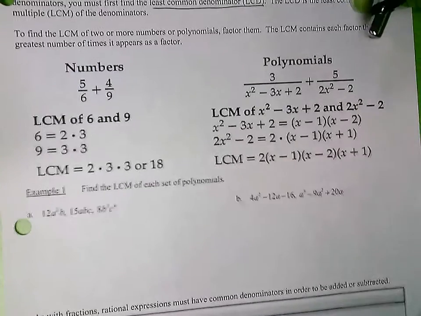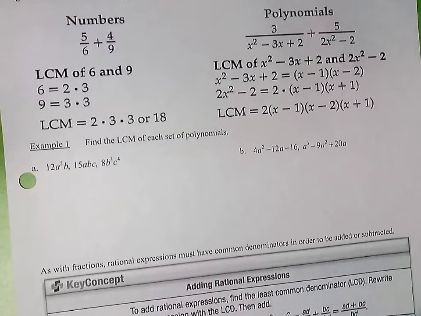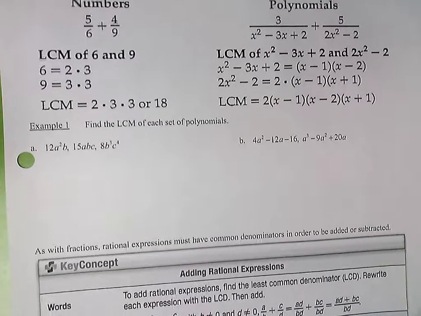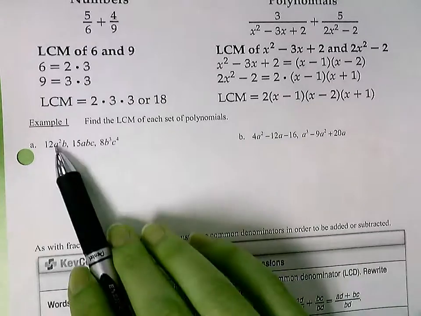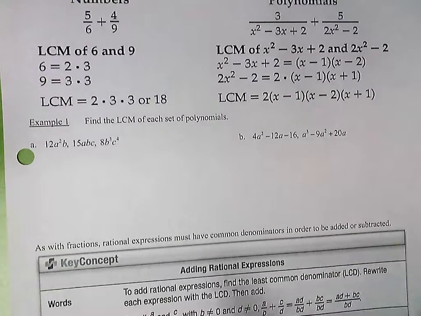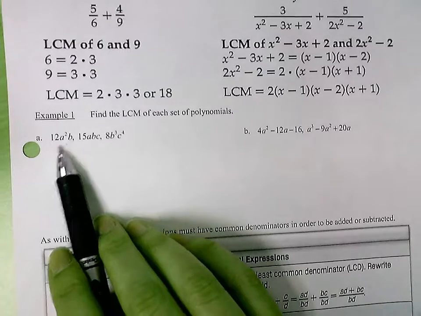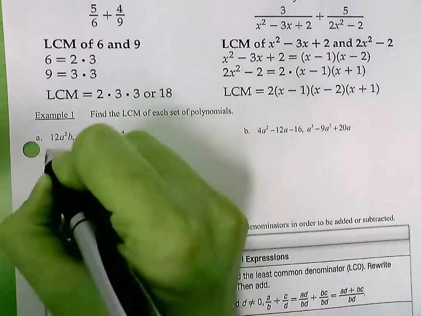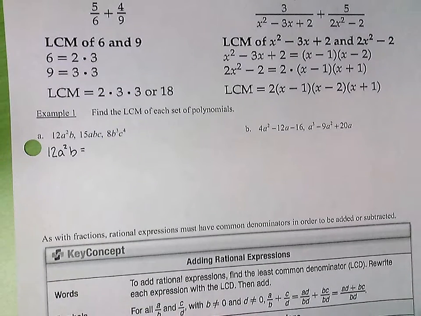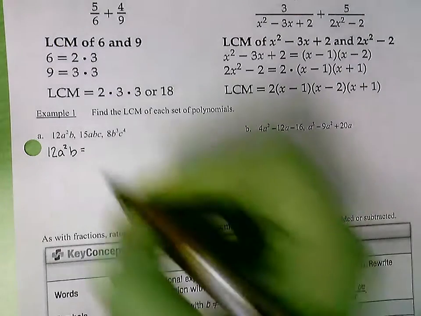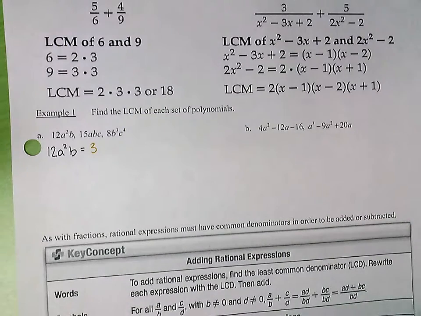So in example 1, I want to find the LCM of each set of polynomials. It's just like what they were doing up here, but we're given 3 terms. Our first term here is 12a squared b. I'm going to write the factors of that. 12 can be split into 3 times 4.